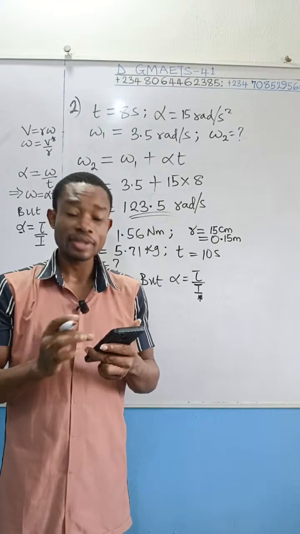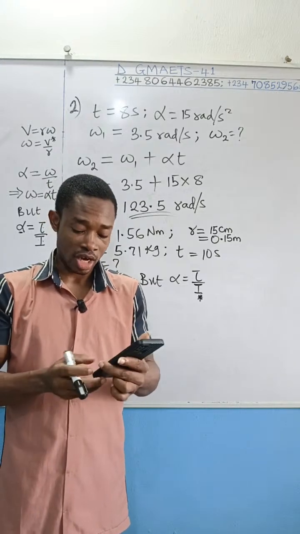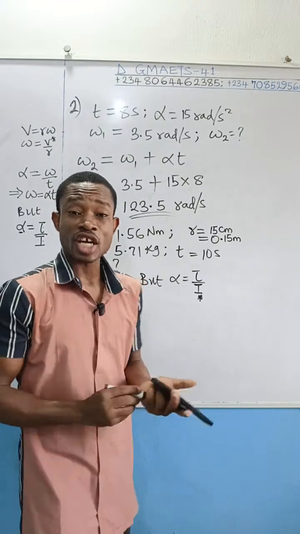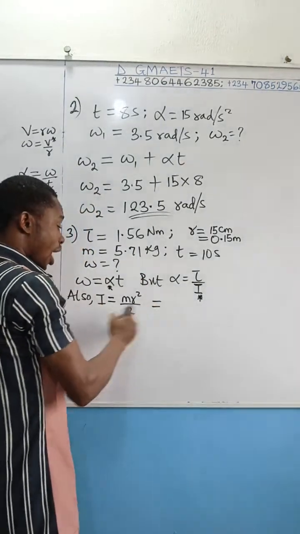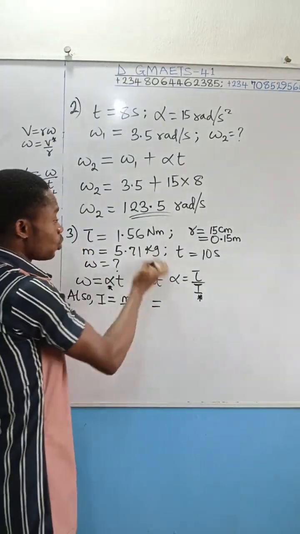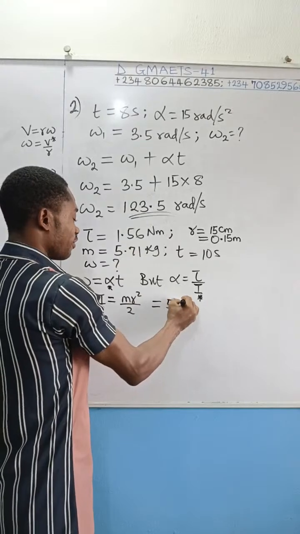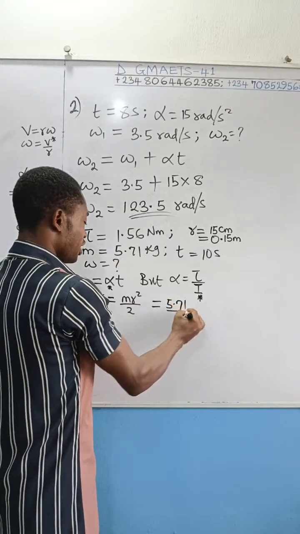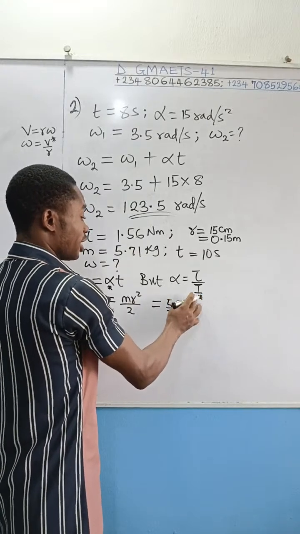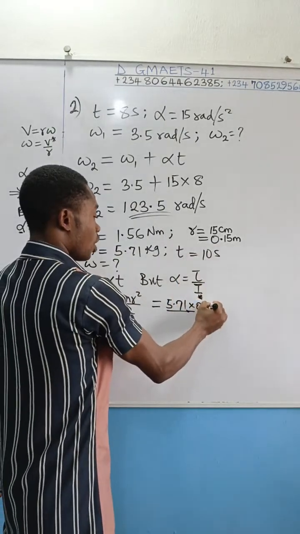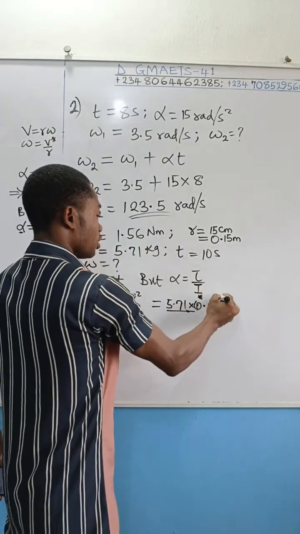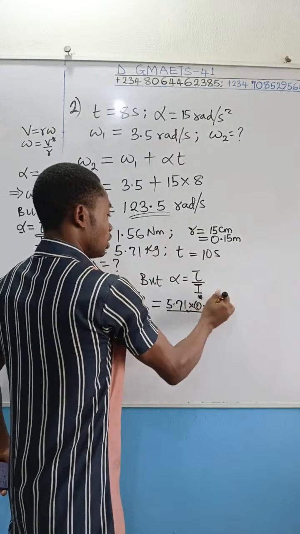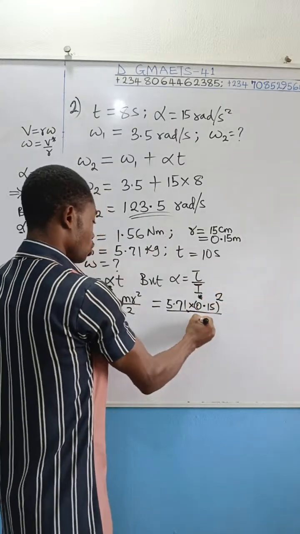With this formula, we can now obtain I. We know the mass, which is 5.71, and we multiply it by the radius, 0.15, squared, and then divide by 2.